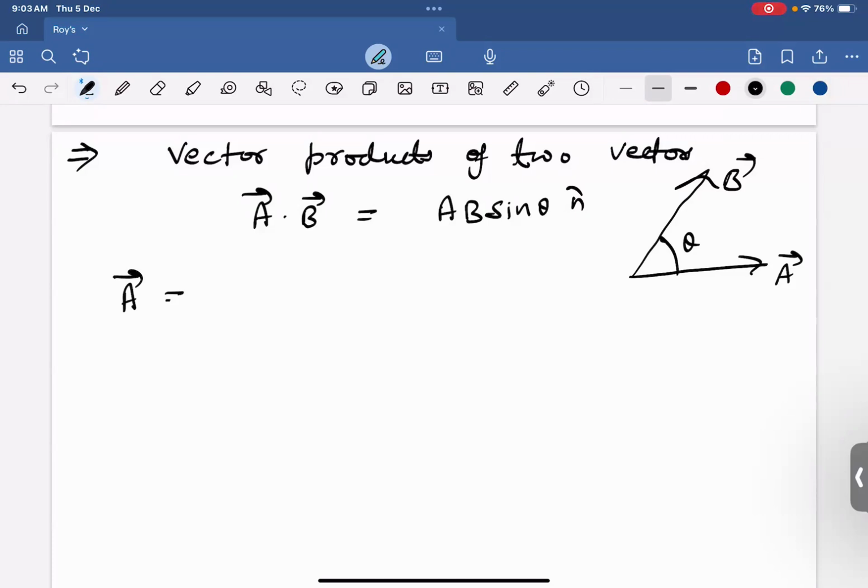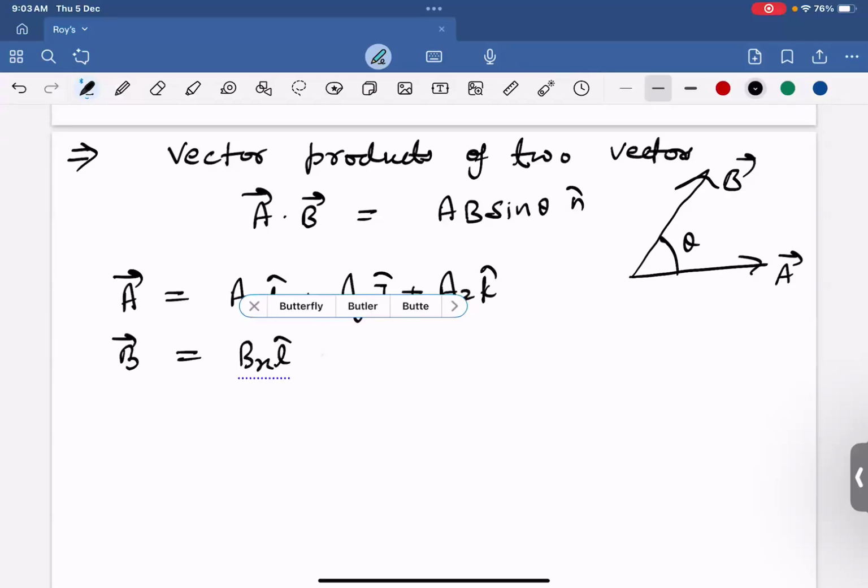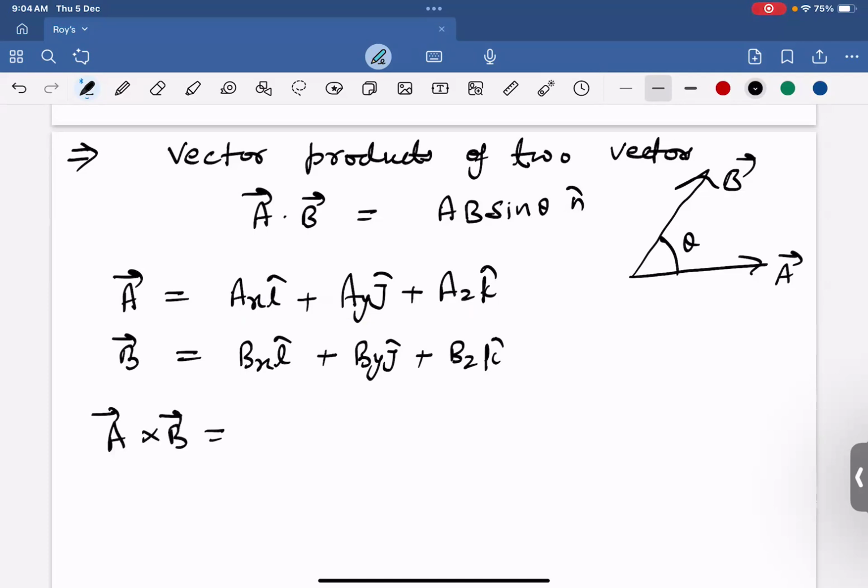And if A vector is given as AX i cap plus AY j cap plus AZ k cap, and B vector is BX i cap plus BY j cap plus BZ k cap, then you can also write A cross B in matrix form: first you write here i cap, j cap, k cap, AX, AY, AZ, BX, BY, BZ.